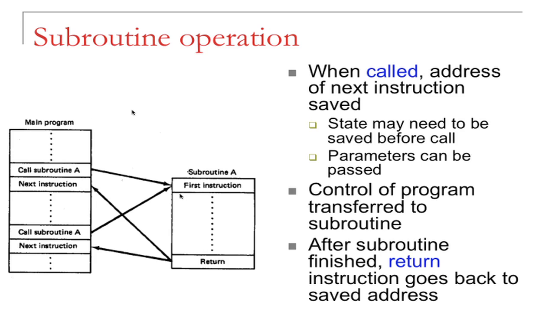If we do not protect the value of AX, then that original value is going to be lost because it is overwritten in subroutine A. The bottom line is we have only one AX. So that's why we need to save it before we make a call, if we need to protect the original value in the register.